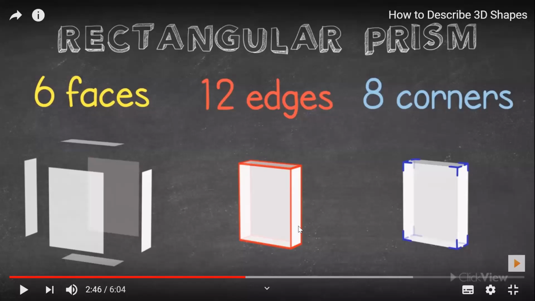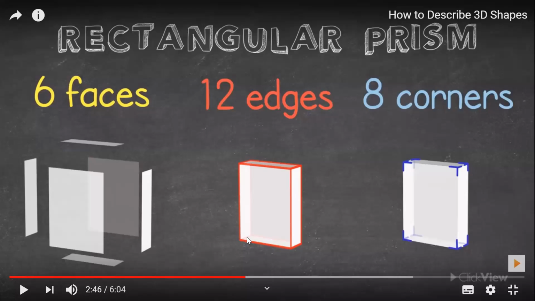We call it rectangular prism. 12 edges. And the edge is this line between every two faces. So let's count them together. Follow the mouse. 1, 2, 3, 4, 5, 6, 7, 8, 9.